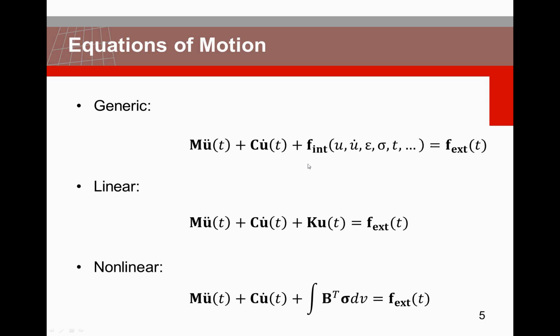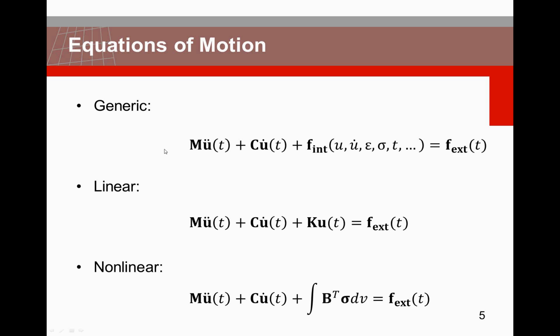We arrange this in a slightly different way so that on the right hand side we see our external forces only, and on the left side you see the inertia forces, the damping forces, and internal forces which may come from all kinds of sources.